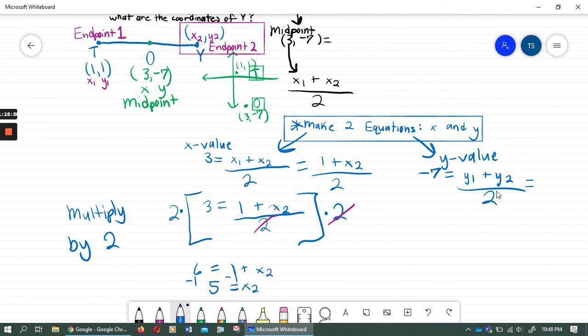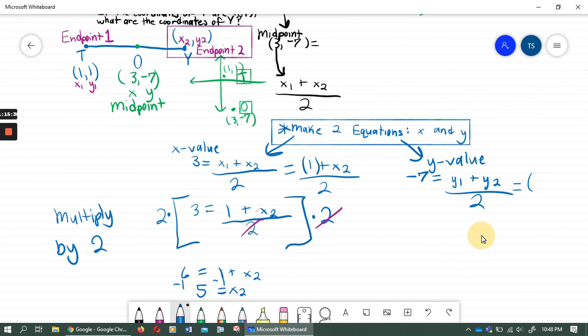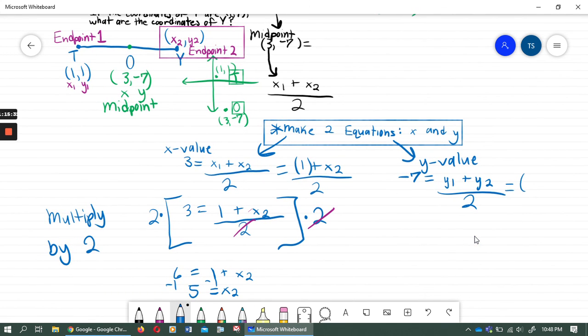And so if we substitute in the part there that we do know, which is that y1 value, that value for y1 there is 1. So that's 1 plus y2 divided by 2. So the equation there is really -7 equals 1 plus y2 over 2.